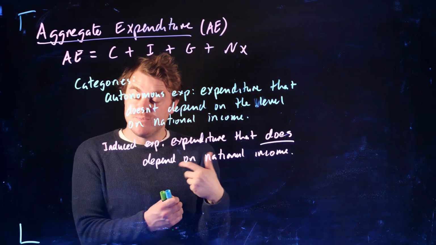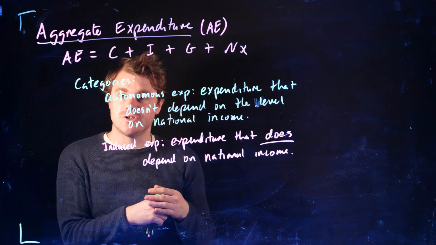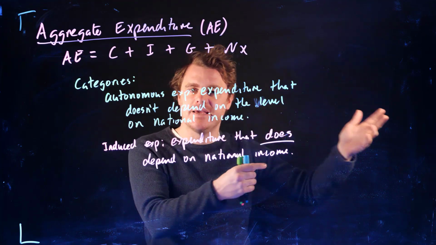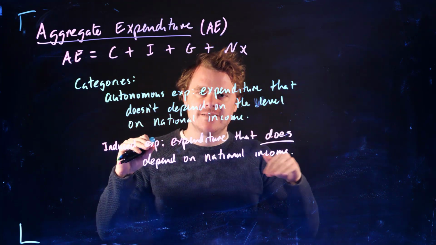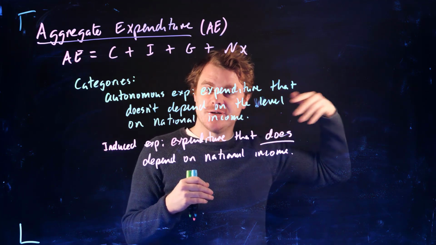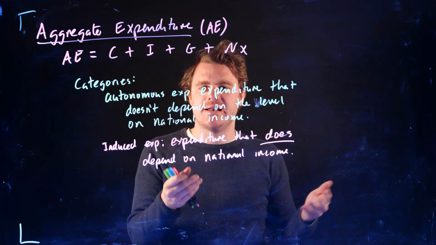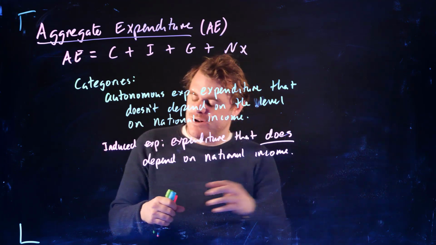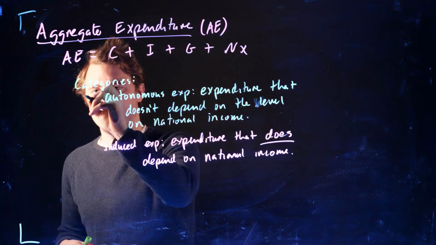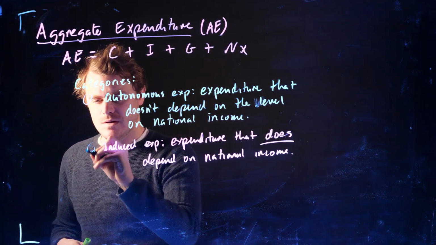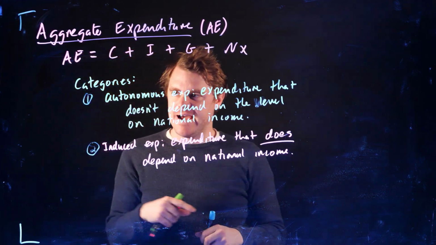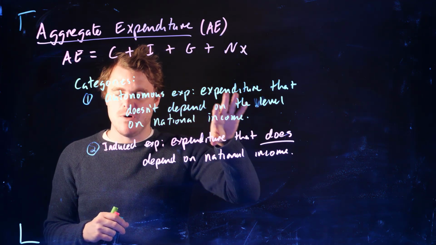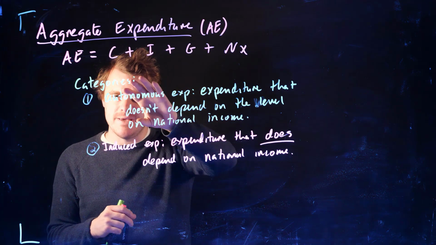We can think of certain parts of consumption expenditure where, if national income is higher, people spend more money. They spend a certain amount no matter what on basic goods, but as national income goes up, they may also start spending more just because they have higher national income. And in this model, with these two categories, any expenditure that's not multiplied by Y is going to be autonomous.